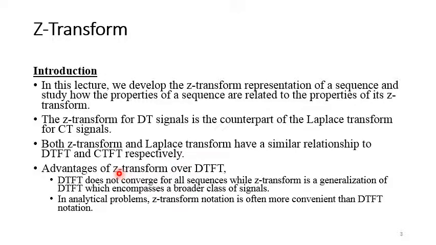The advantage of the Z-transform over the discrete time Fourier transform is that the discrete time Fourier transform does not converge for all sequences, while the Z-transform is a generalization of the discrete time Fourier transform, which encompasses a broader class of signals. In analytical problems, the Z-transform notation is often more convenient than the discrete time Fourier transform notation.